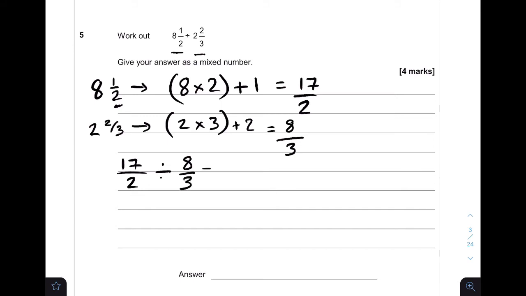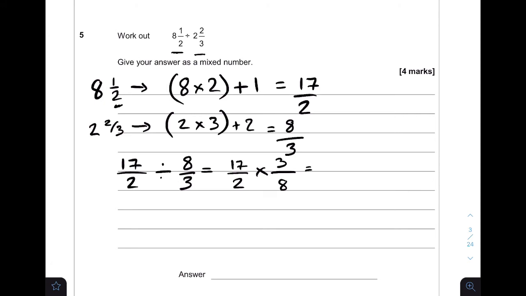So we know that when you're doing a division of a fraction, the trick is to multiply by the inverse of the fraction that you're trying to divide by. So in this instance, it will be 17 over 2 multiplied by 3 over 8, which makes this equation a lot easier, and then you can just work out simple multiplication on the top line, or the numerator, and the denominator.